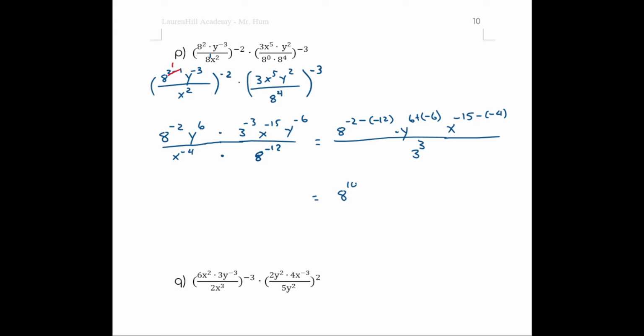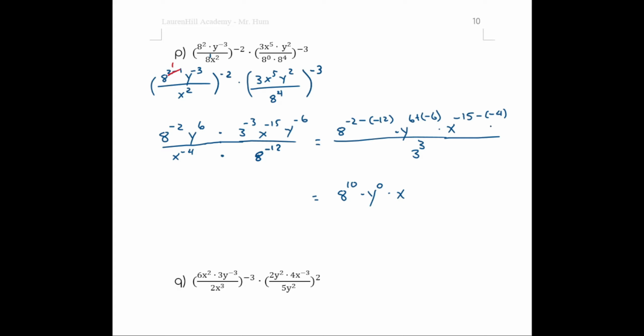So that's 8 to the power of 10 times y to the 6 plus minus 6, and plus and minus become minus. So 6 minus 6 is 0, right, times x to the minus 15 minus minus 4.